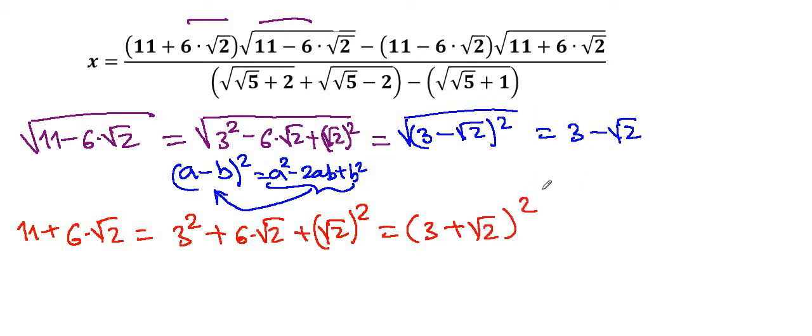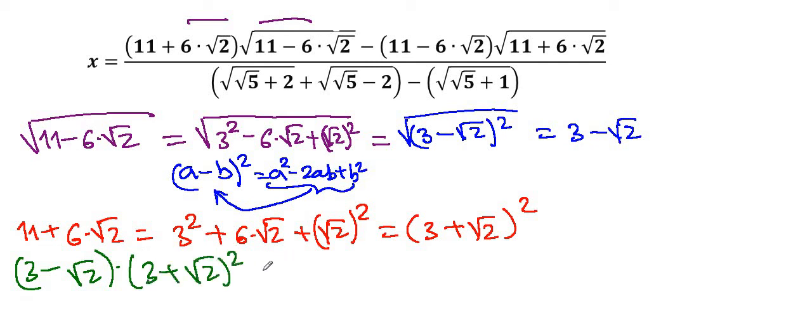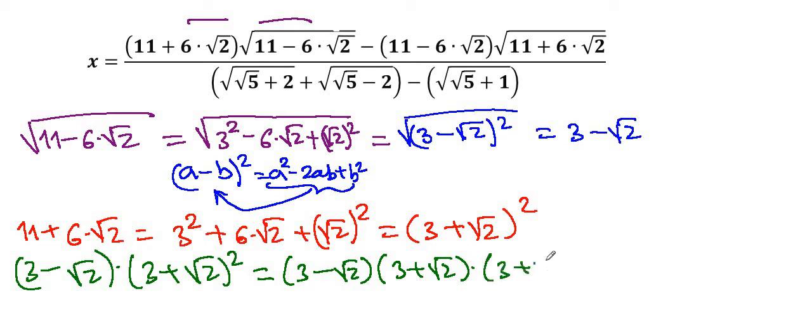Now we have to, of course, find the product of these two expressions. Now it's easy, because we have (3 minus square root of 2) times (3 plus square root of 2) squared. To easily calculate this product, we can express this perfect square as (3 plus square root of 2) times (3 plus square root of 2).